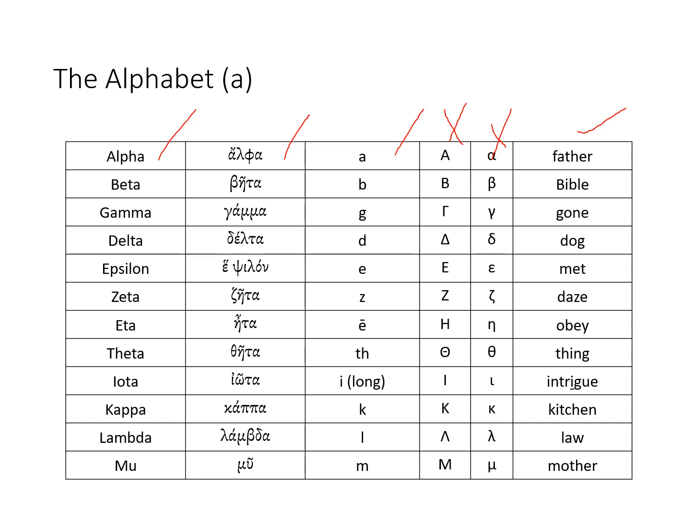So we begin here with alpha, and here is the lowercase letter, and then the uppercase letter, as in father. The letter alpha is the first of the Greek letters, and it's the first vowel. We'll look at each of these. Now, as we go through and I pronounce the letters, I would encourage you to pause the screencast, say the letter aloud a few times, and look at it from there.